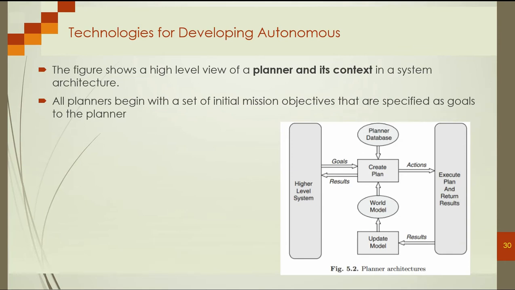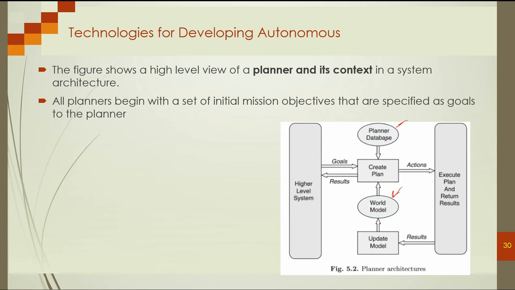Here, maybe this shows how the planner, or planning in general, works. You have the input, you have a database, you have also the input. This is just a diagram to show you how the planner works with other systems. You have the planner, or the creation of the plan, which will be based on the information from the environment.